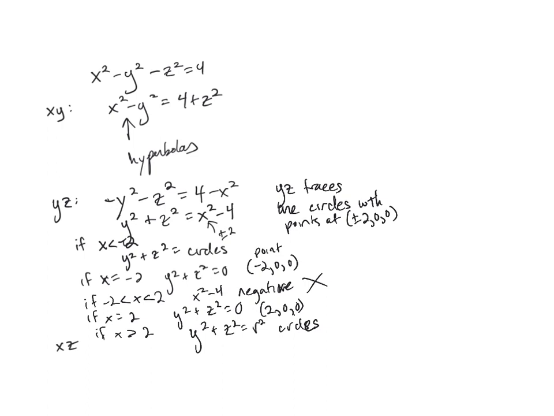There are 2 points, and a gap between x is negative 2 and x is 2. And just to wrap it all up, the xz traces are going to be more hyperbolas.